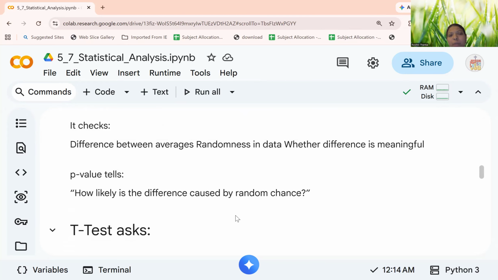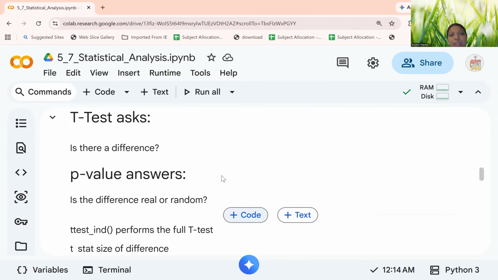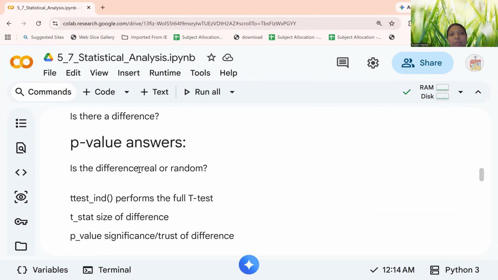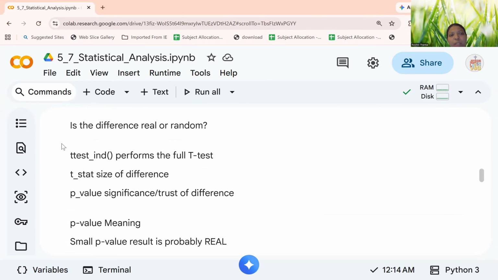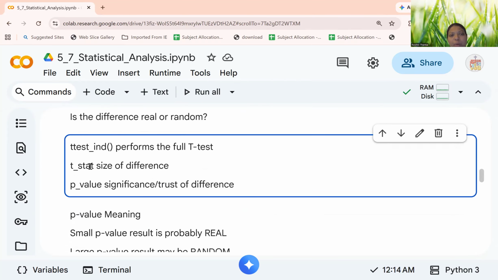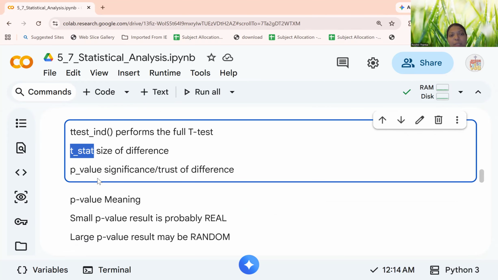So the t-test gives the difference, and the p-value says whether the difference is real or random. There is a function called ttest_ind which will perform the full t-test and give the values for the individual groups. What is the t statistic and what is the significance of the difference?